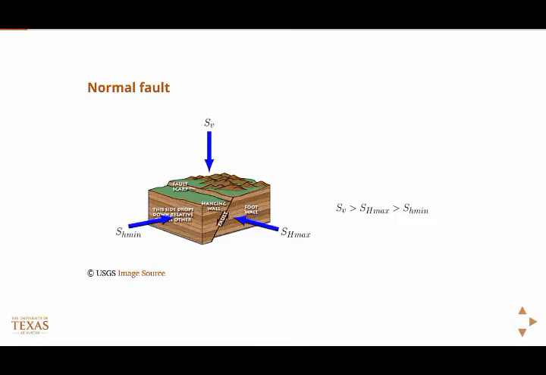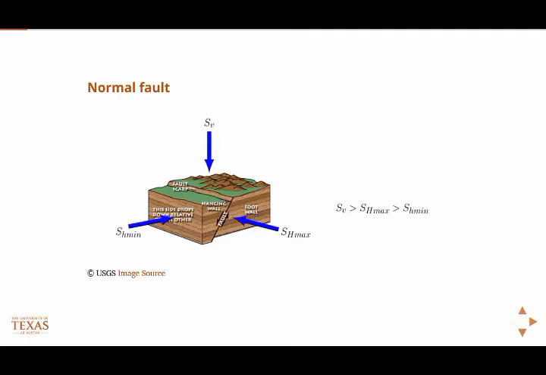So in this case, the vertical stress is greater than the two horizontal stresses to accommodate that motion, right? Remember, stress multiplied by an area gives you force, so you can think of the vertical force as such to accommodate hanging wall motion in the same direction as gravity, right?